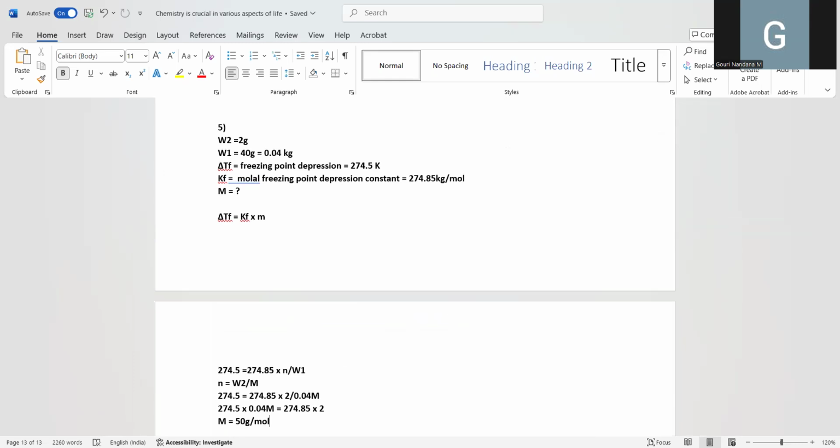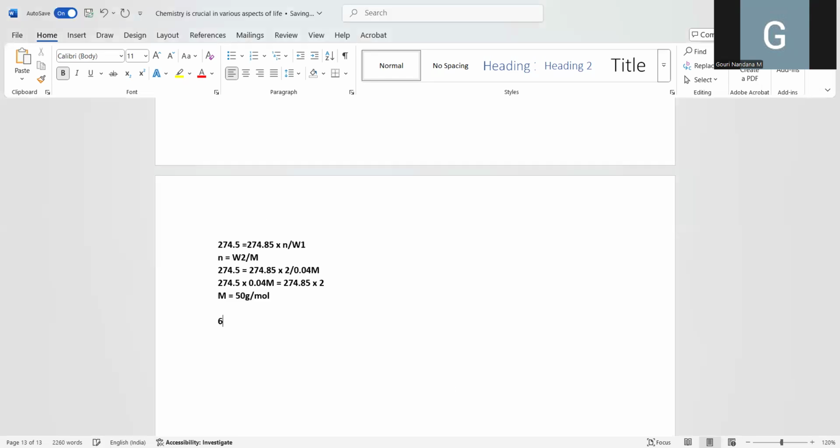Next question. Calculate the mole fraction of the solute in a solution obtained by dissolving 10 gram of urea in 100 gram of water. So first thing is we need to calculate the number of moles, that is N urea.